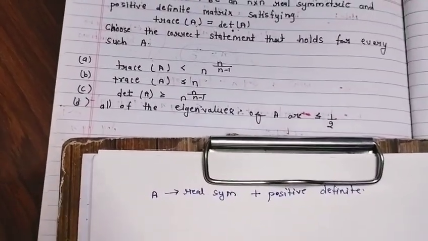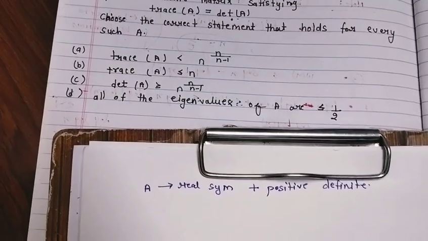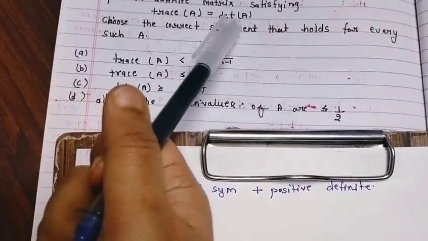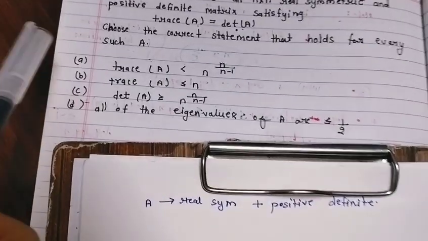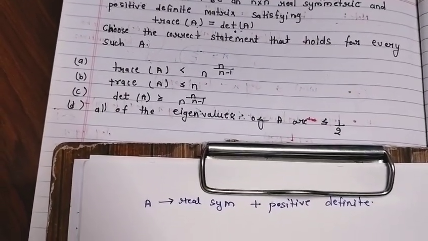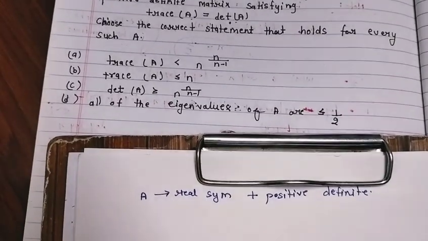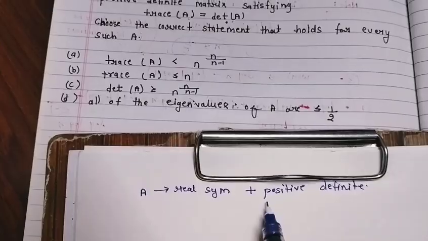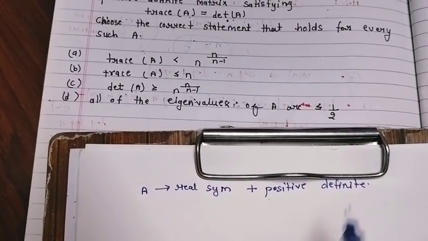We can check these options by choosing such A which satisfy this condition, trace A is same as determinant of A, and we can discard the options and get the correct option. Also, we can go formally by using the properties of positive definite matrix.